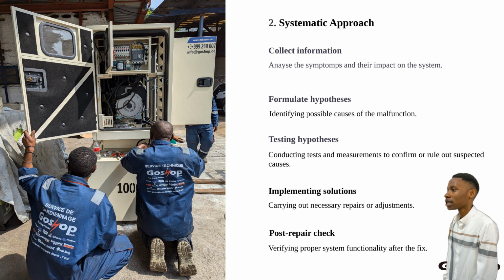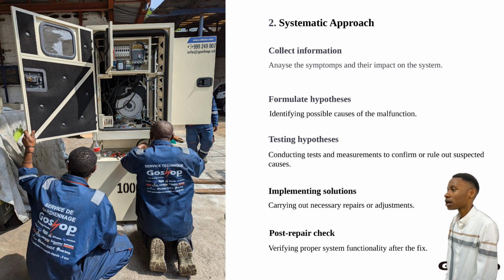Once the problem is identified, follow a structured problem-solving approach. Formulate hypotheses. Identify potential failure causes based on symptoms, whether mechanical, electrical, or environmental. Validate hypotheses. Perform tests and measurements to confirm or rule out suspected causes. Implement solutions. Once the root cause is identified, apply the necessary repair or adjustment, whether replacing a part or recalibrating settings.